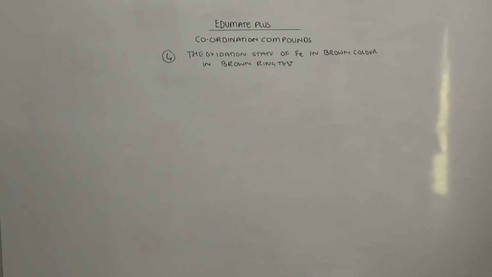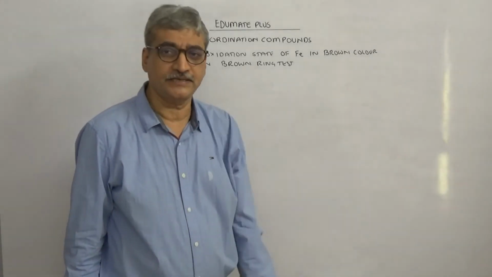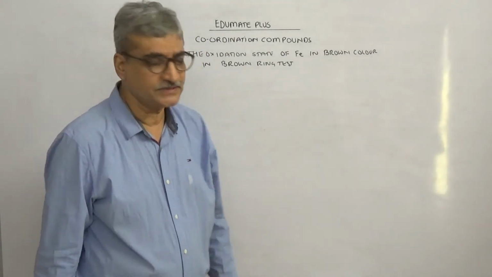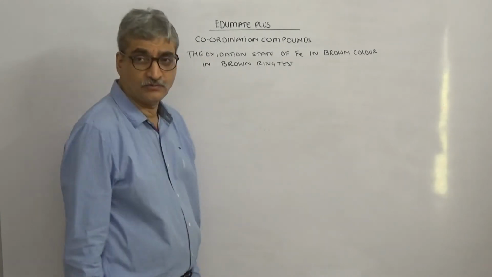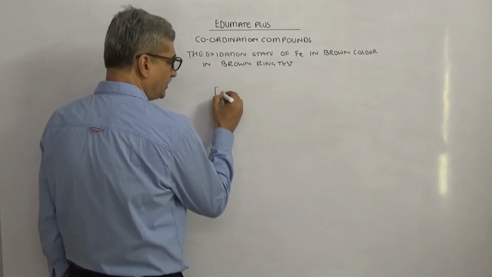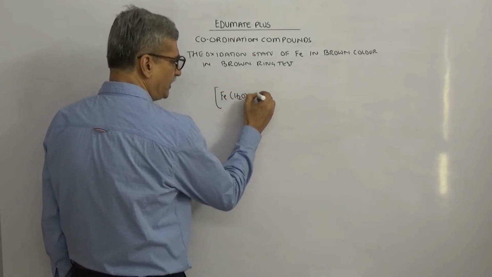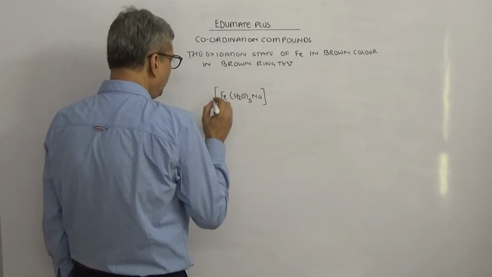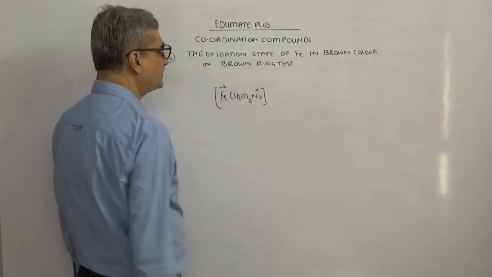We have a very interesting, commonly asked question. See, when we do the brown ring test, the question is, what is the reason for the brown ring? See, when you look at this compound, a colorless compound, [Fe(H2O)5NO], here Fe is +2, NO is 0.